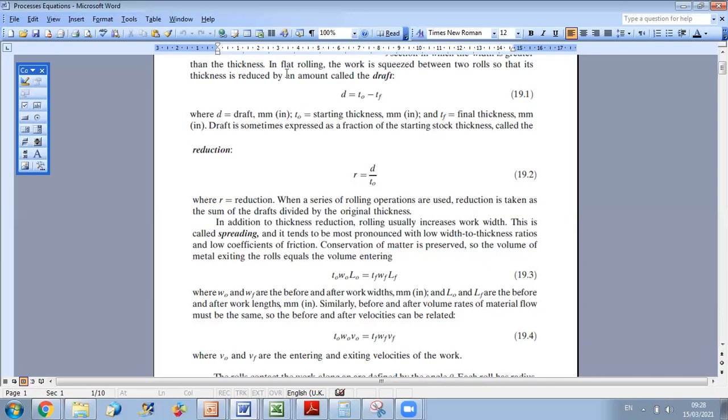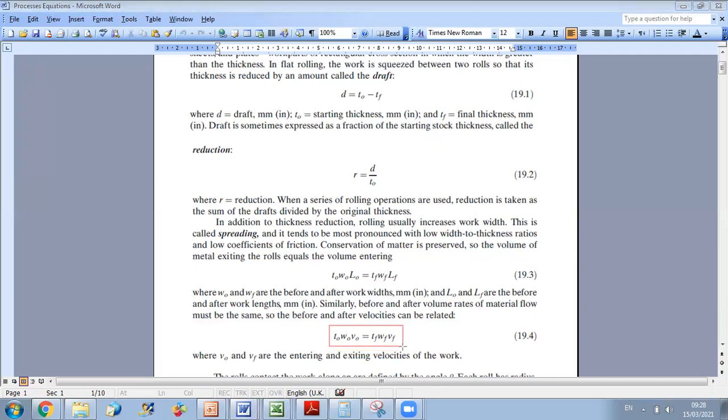So the derivative of this relation allows us to relate the initial and final velocities, which is due to conservation of volumetric flow rate, and we will use it to relate inlet and outlet velocities from the two rolls.